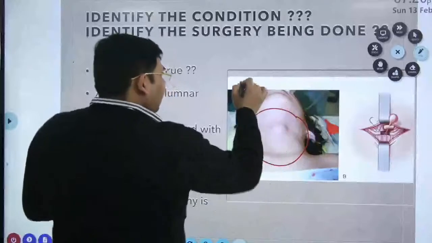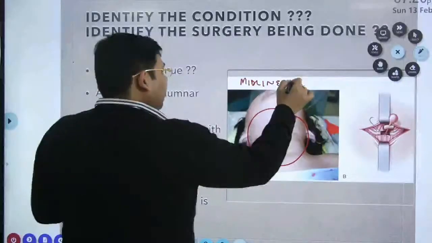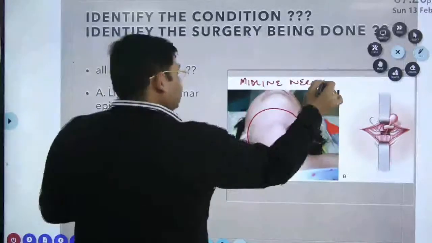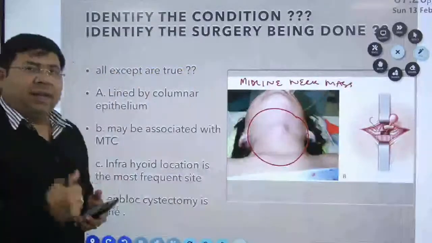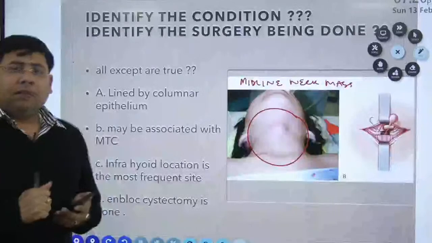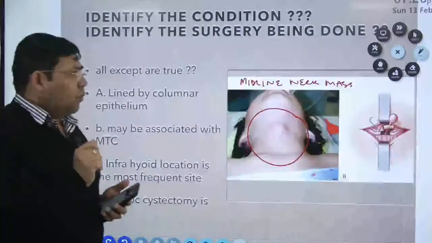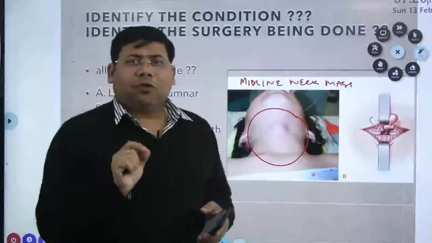A midline neck mass. And whenever we have a midline neck mass, what are we thinking in terms of? We are thinking that it could be a thyroid swelling or it could be a thyroglossal duct cyst.